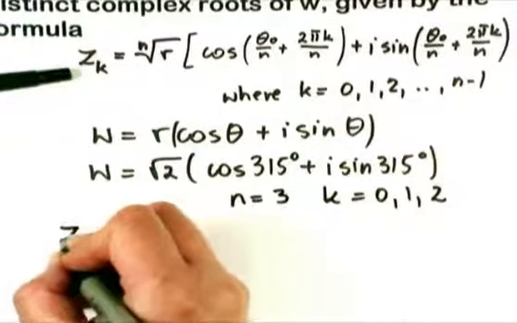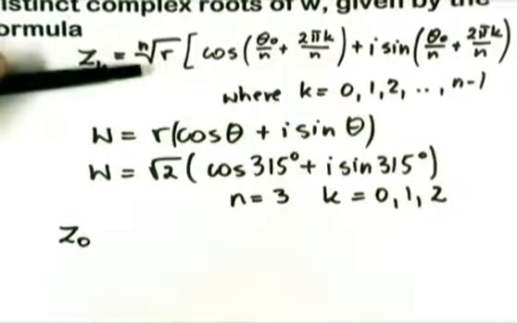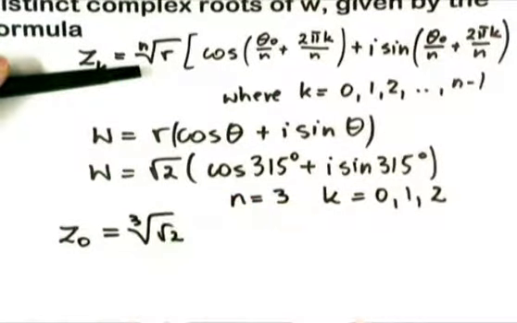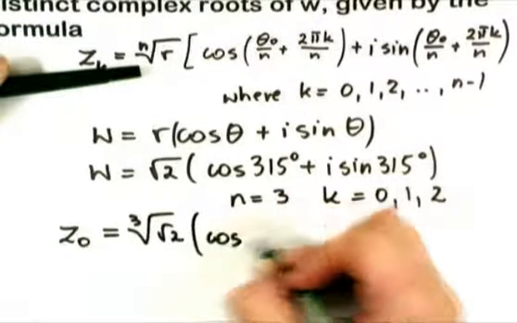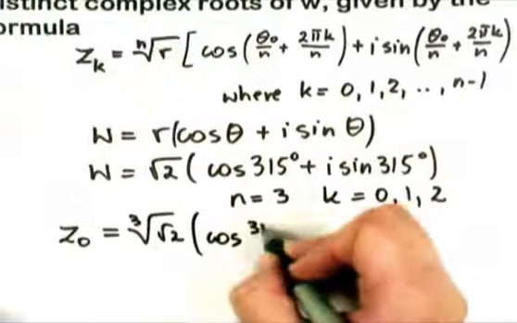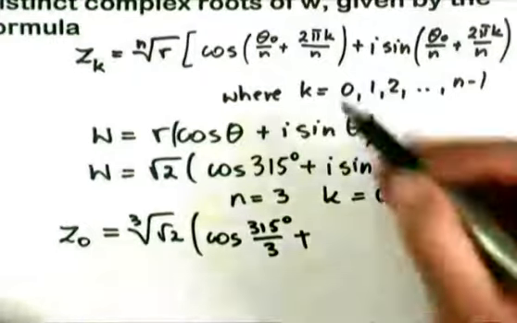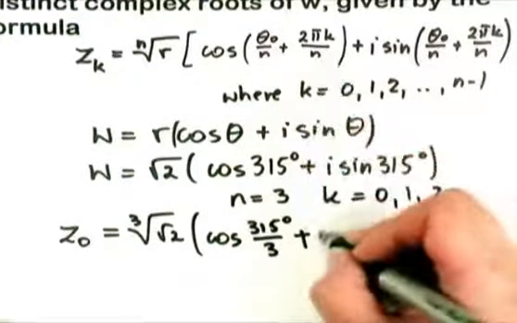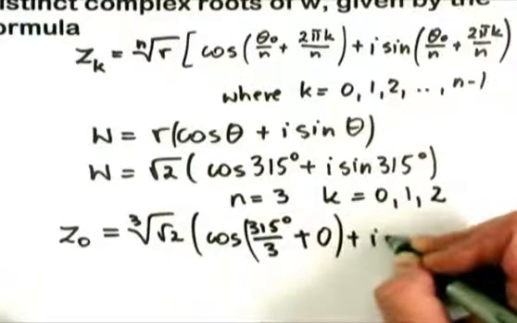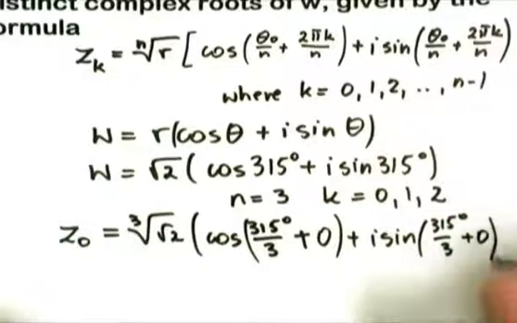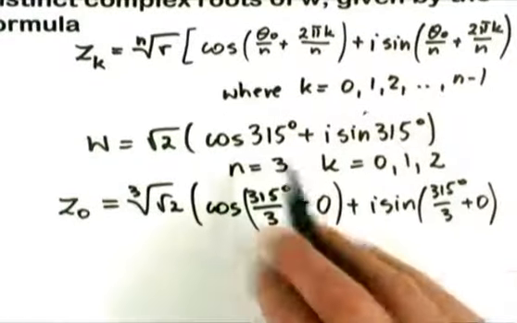We're going to go z0, it's the first cube root. Now we have the cube root of my r, root 2, and then we have cos of my angle, theta 315, divided by 3, plus 0 since k is 0, plus i sine of 315 over 3 plus 0. This is my theta 0.